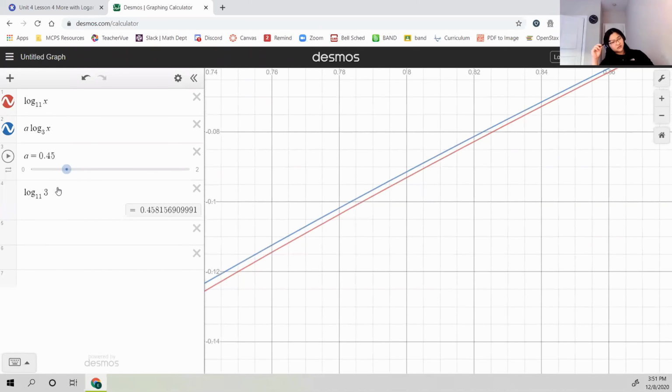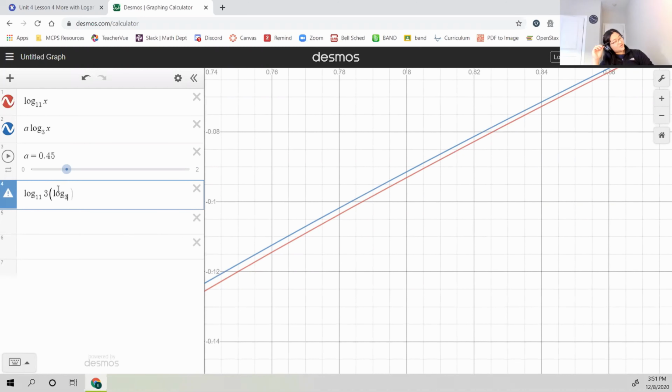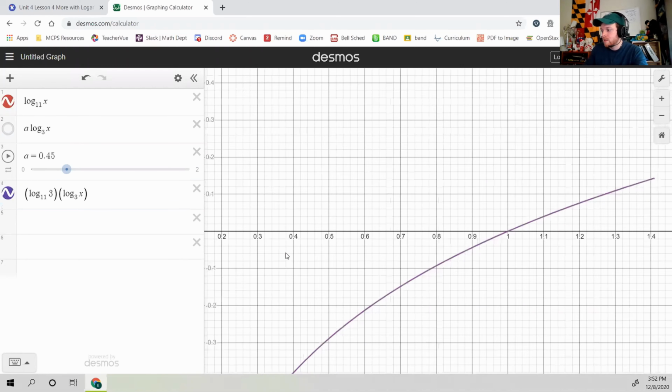That makes sense. If I then take this and multiply by log base 3, not log base x, x. Close that parenthesis. Maybe it wants parentheses. Let me get rid of this A1, and that looks like it did it.